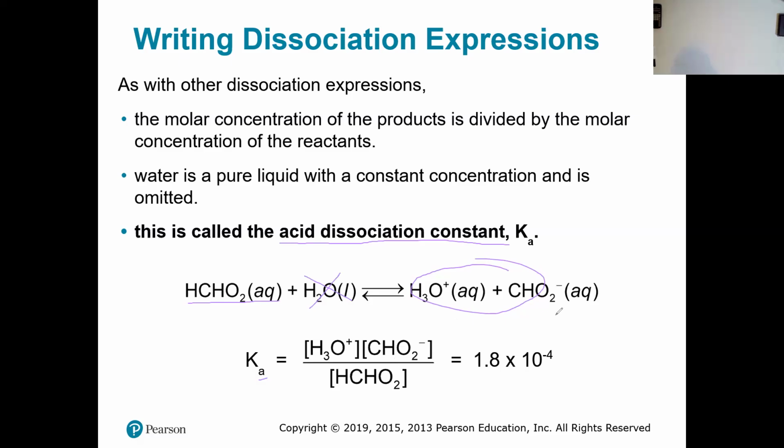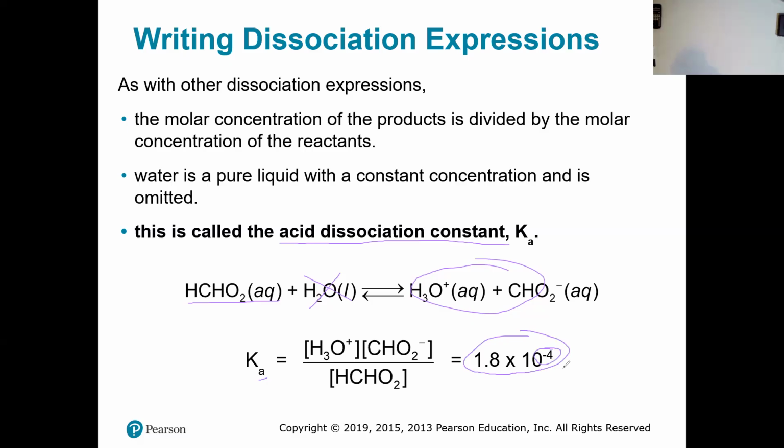Remember, we leave our pure liquids and our pure solids out of our equilibrium constant expressions. So our acid dissociation expression for this is H3O+ times CHO2- divided by HCHO2, and the acid dissociation constant for your formic acid is 1.8 times 10 to the -4.